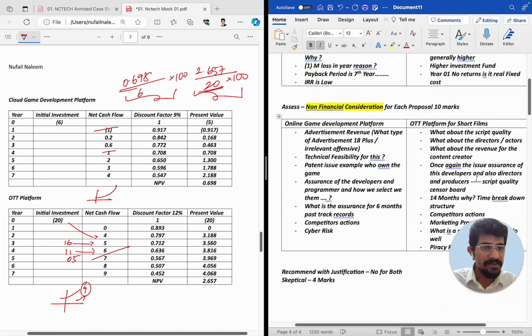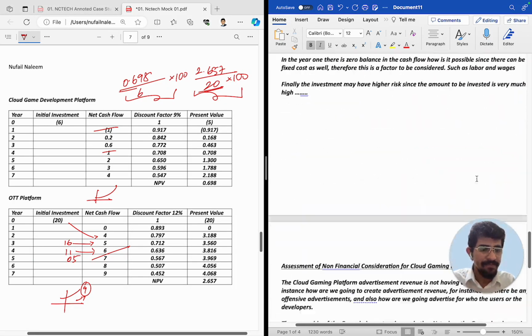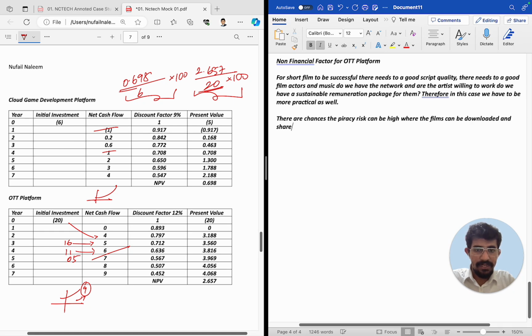Now, the next thing, students, I wanted to say the piracy risk. So I'll write down here, there are chances the piracy risk can be high, where the films can be downloaded and shared as well.